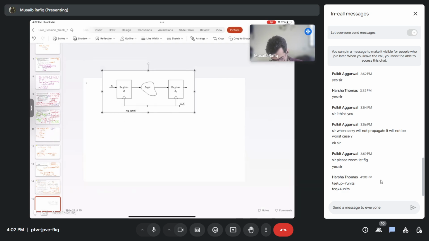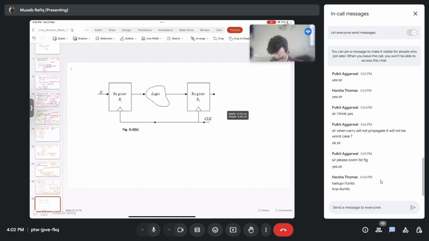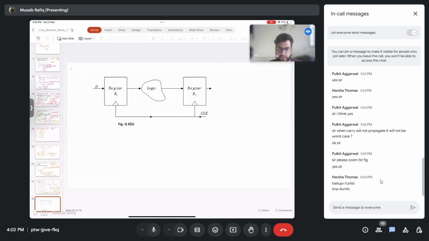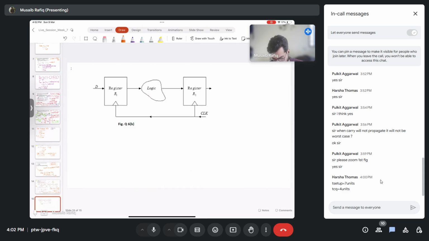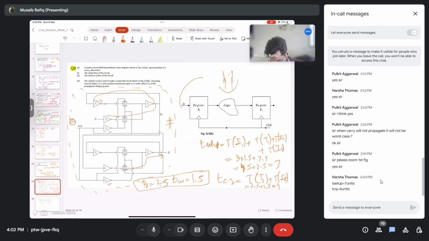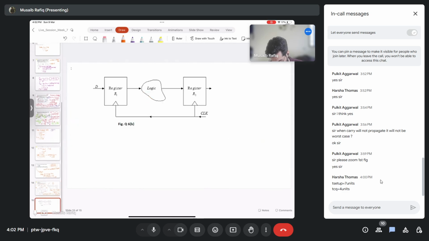The register is simply what we have evaluated previously, and now we have to find the T min. So what will be T min of this thing? Where the register is this one. This one is a register, and the logic block has propagation delay of 6 units. So TPD logic is 6 units and the register you have found previously. So what will be the T min of this sequential circuit?